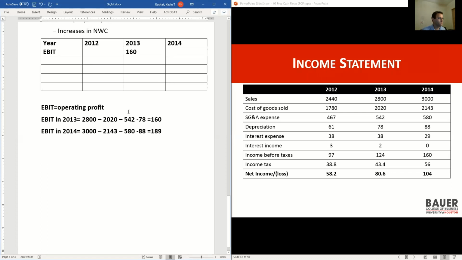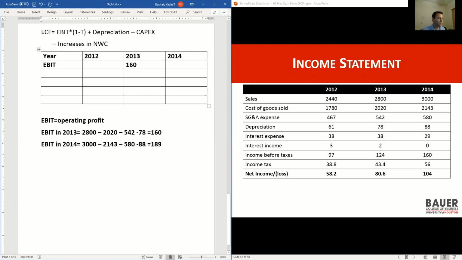Now, you'll note that EBIT is not in the free cash flow equation by itself. We also need a tax rate. So we need to figure out T, and then we'll be able to put these things together to get EBIT times 1 minus T. So how did we get T? Well, around the same time we covered EBIT, we saw that T is our tax rate, our average tax rate.